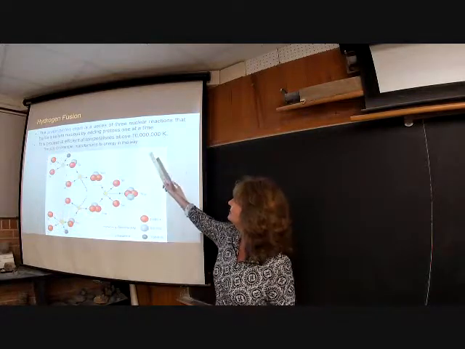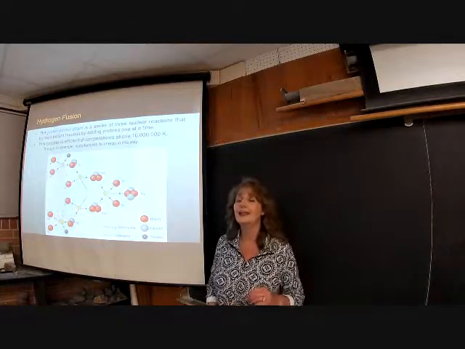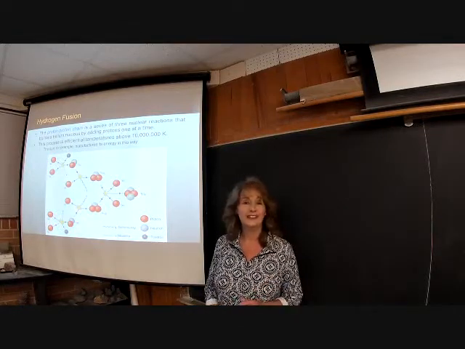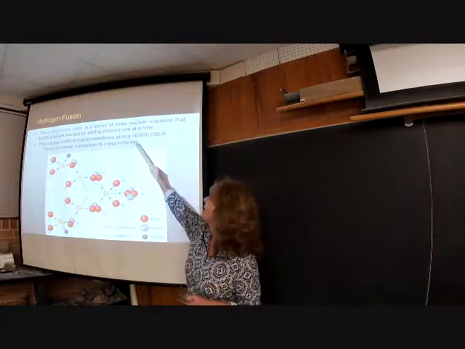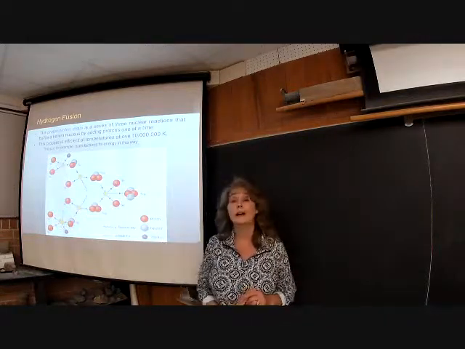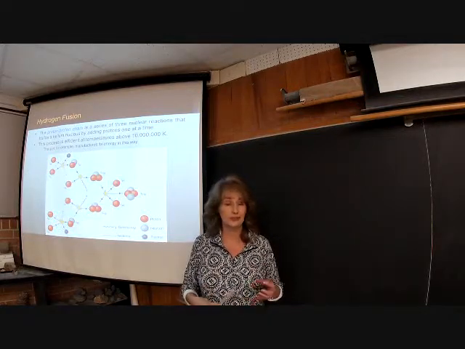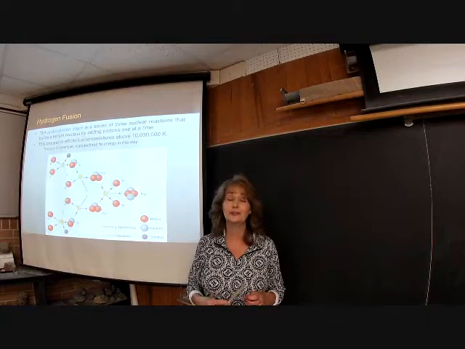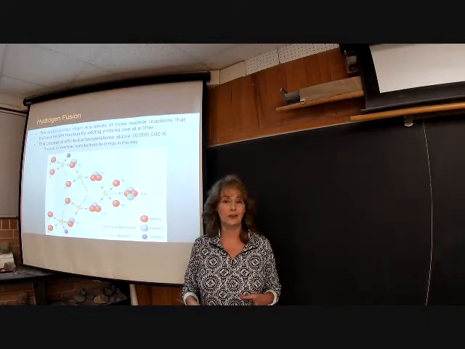And temperatures need to be definitely above 10 million Kelvin. I keep seeing the K there, thinking 1,000. Kelvin is K. So 10 million Kelvin for this to be started. Okay, you need to get the temperature in the core of your star above 10 million Kelvin.